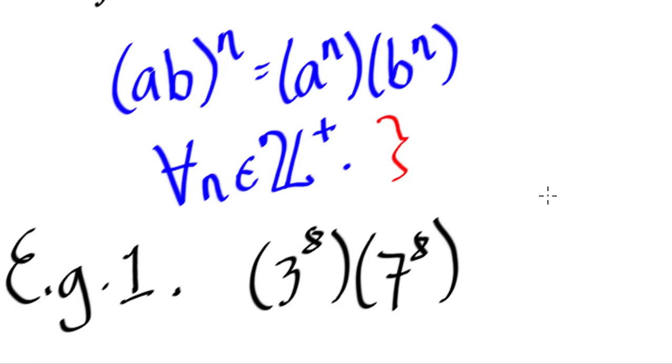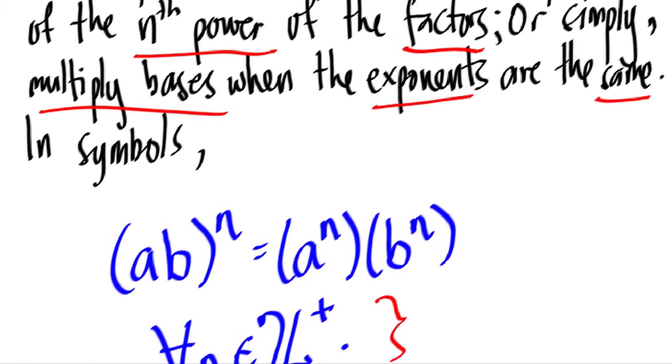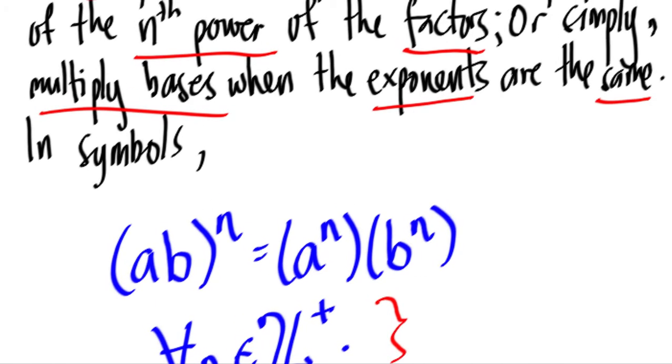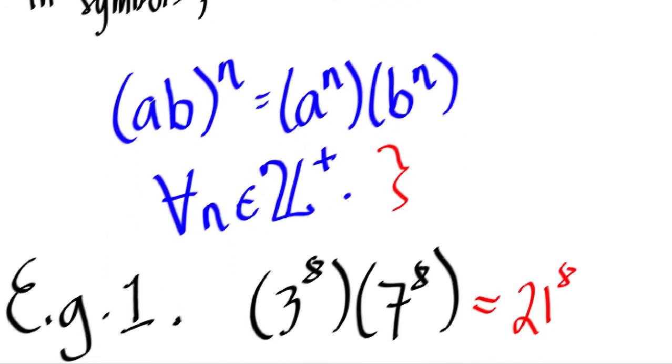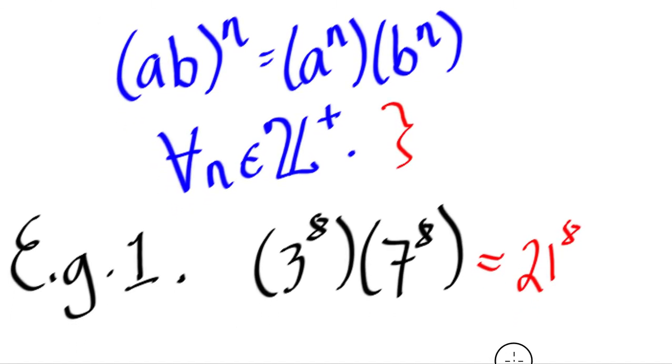Okay, I think you're correct. The answer here is 21 raised to 8. How is that possible? Again, the power of a product law states that we multiply the bases when the exponents are the same. Since the exponents are the same here, they're both 8, we will multiply the bases, 3 times 7, which is 21. So 21 raised to 8 is just equal to 3 raised to 8 times 7 raised to 8.